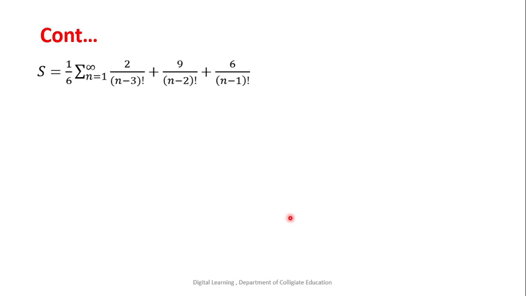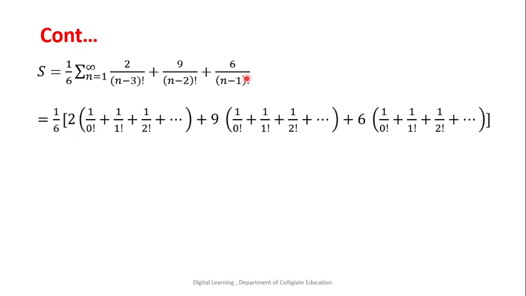After simplification, we get 1 by 6 times summation of n equals 1 to infinity 2 divided by (n minus 3) factorial plus 9 divided by (n minus 2) factorial plus 6 divided by (n minus 1) factorial. This summation is applicable for all these 3 terms. Now we expand the summation.